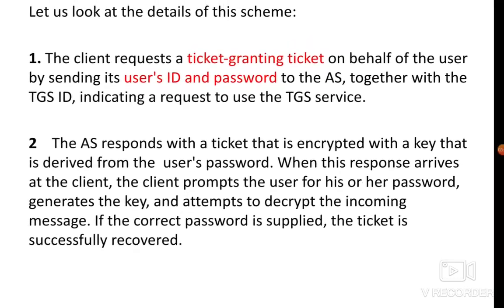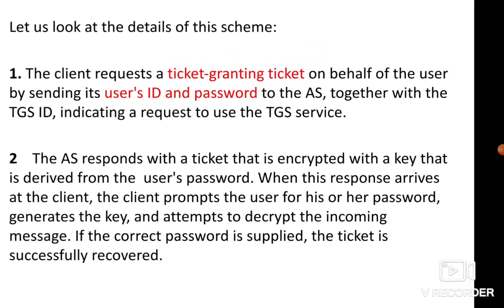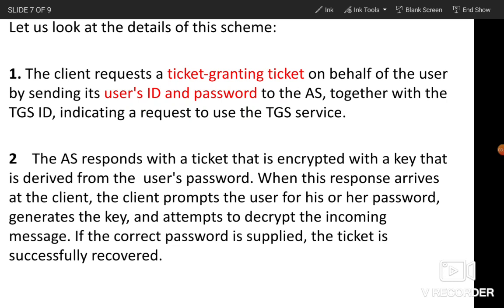As I told, initially the client requests the ticket granting ticket. So how can I get the ticket granting ticket? I must send my user ID and the password to the authentication server along with the TGS ID, that is the ticket granting server ID, indicating a request to use the TGS service.